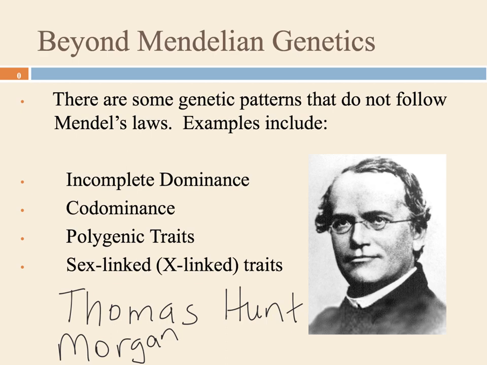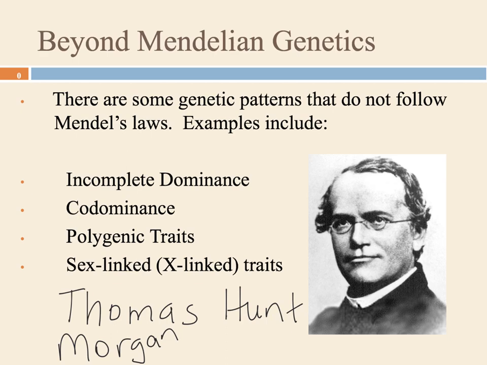And Thomas Hunt Morgan confirmed basically a lot of what Mendel did, but he and other scientists came up with some problems because not all of the traits that they studied showed the genetic patterns that Mendel had described. And the four areas that we're going to talk about is what happens when there is incomplete dominance, codominance, polygenic traits, or sex-linked traits.